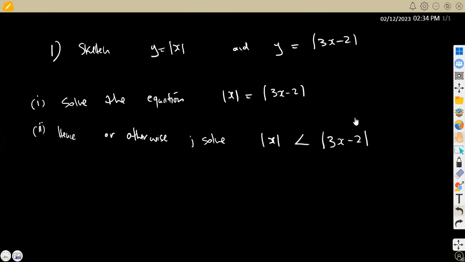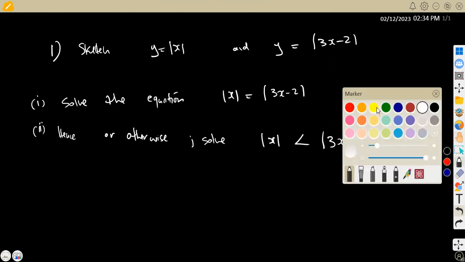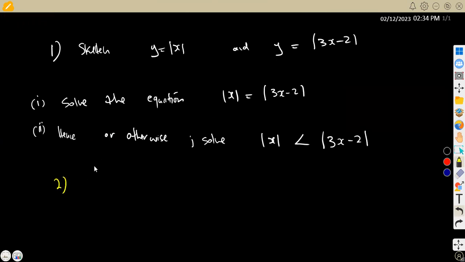Then I'm just going to give you the second one, then you try and work it out as you can. Okay, so the second question, the others just revise as many question papers, guys. On the second one, like I said, each and every graph you sketch on the same axis. y is equal to the modulus of x plus 2.